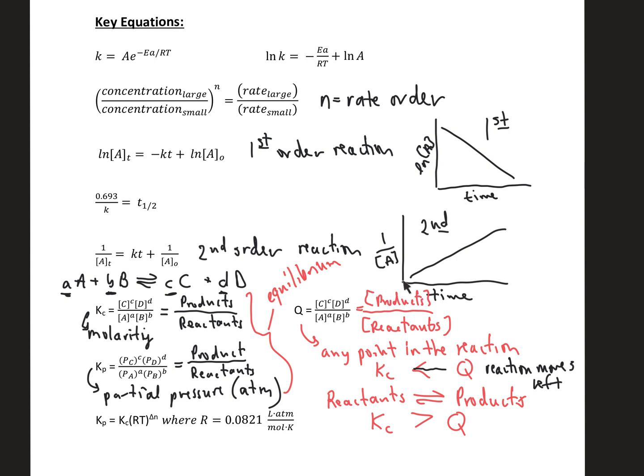What that means is I need to increase the concentration of products. To do that, I need to push the reaction farther forward, using more of the reactants until Q equals Kc. So when Q is less than K, the reaction is yet to reach equilibrium, and to reach equilibrium, the reaction will move to the right.